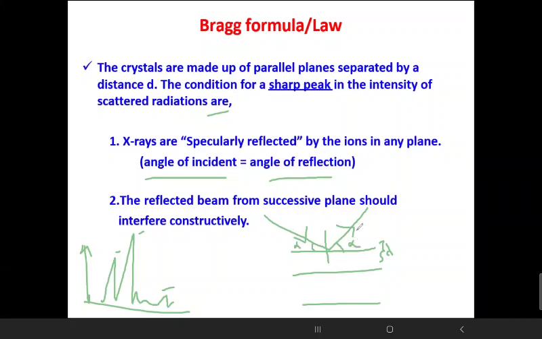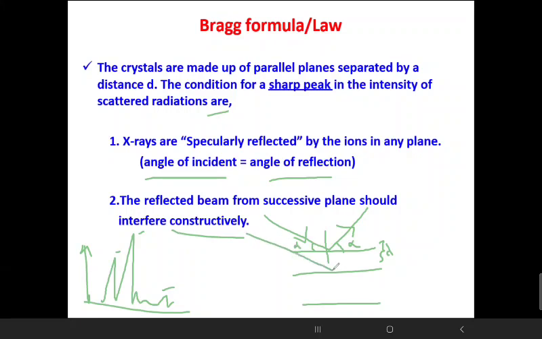And the second thing, the reflected beams from successive planes should interfere constructively. There are two types of interference, constructive and destructive. In constructive interference, you add the patterns; in destructive, you subtract from one another.